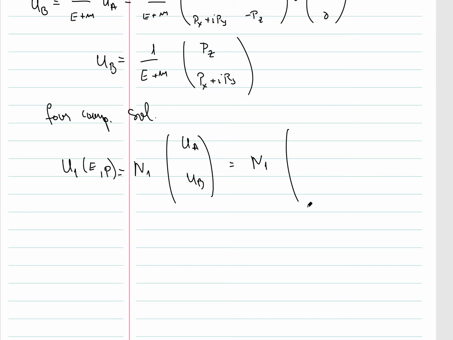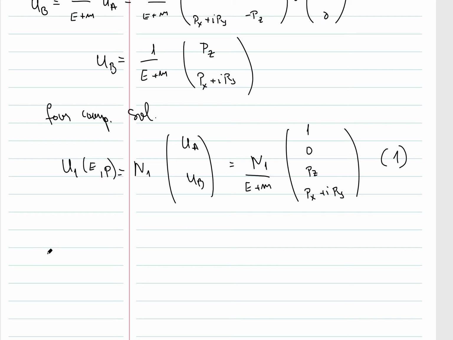For UA, we have taken 1 and 0, so here you have E plus M. And for UB, we have Pz, and then we have Px plus I Py. This is the first solution.